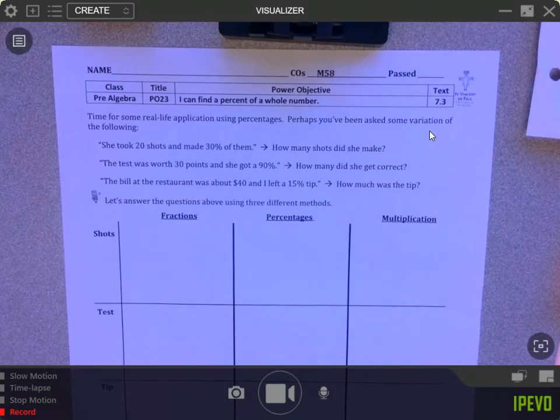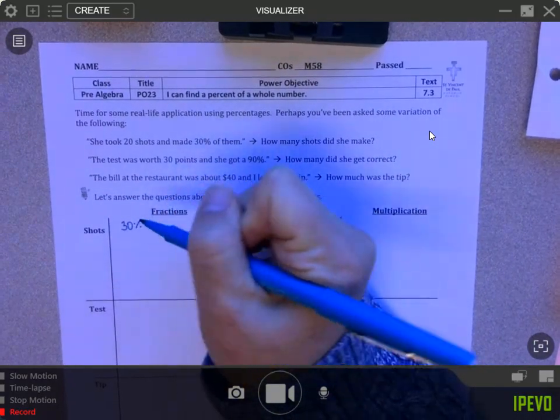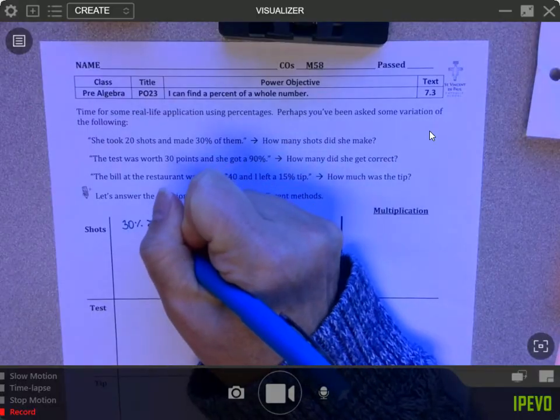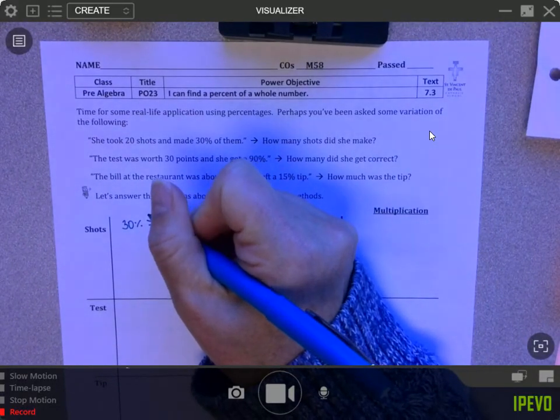She took 20 shots and made 30% of them. So our percent is 30%. We're going to convert that into a fraction. What fraction would that be, Eleanor? 30 over 100.